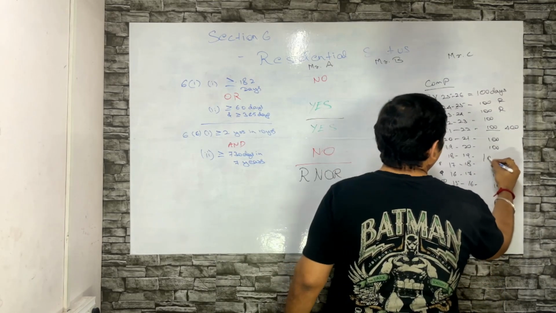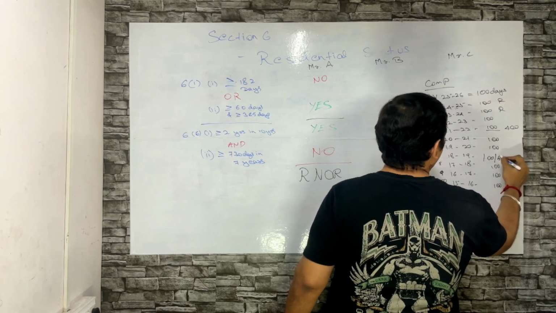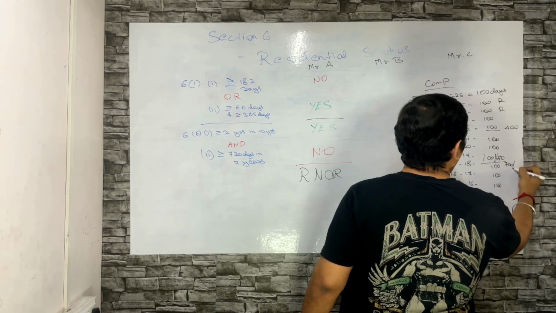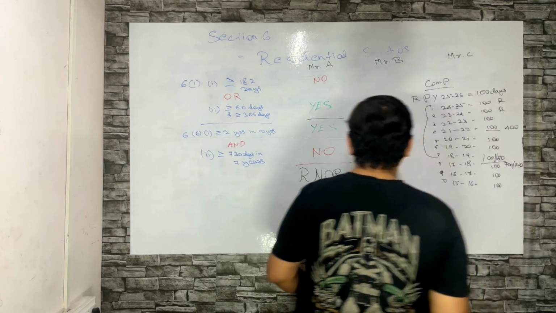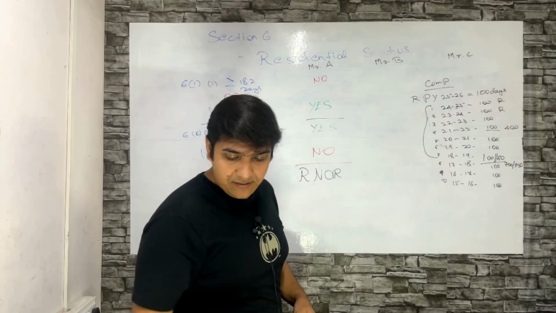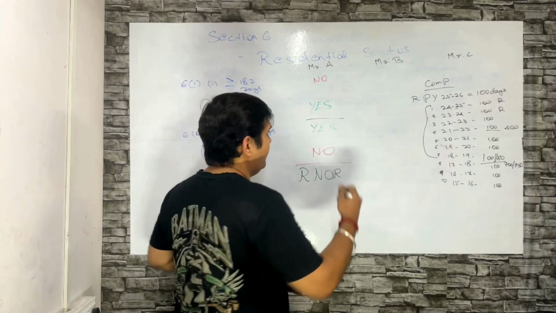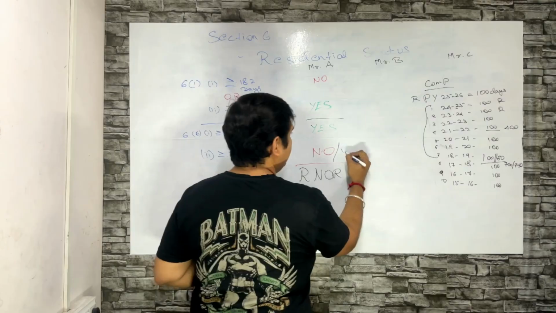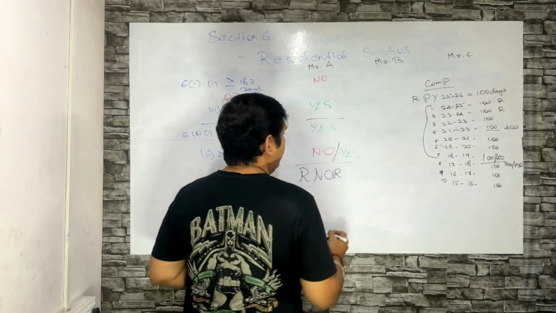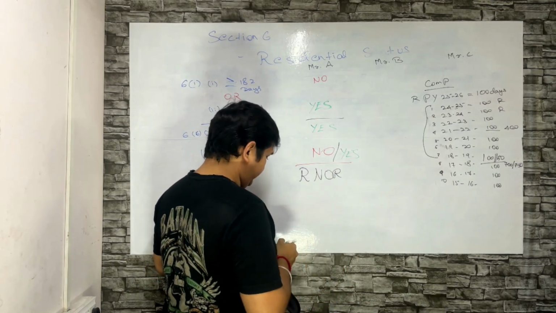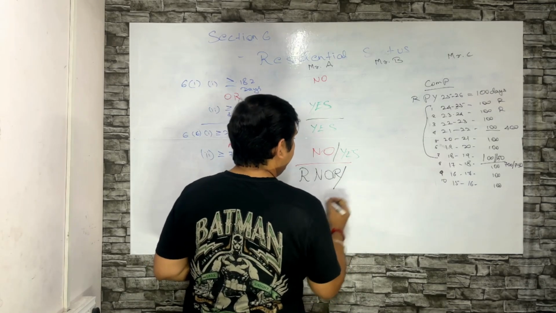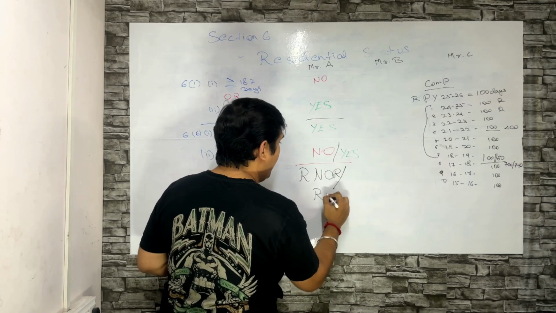So one year becomes 150 instead of 100, and the total would be 750 instead of 700. And in that case, the answer would change to yes. And what will happen? Mr. A would become ROR.